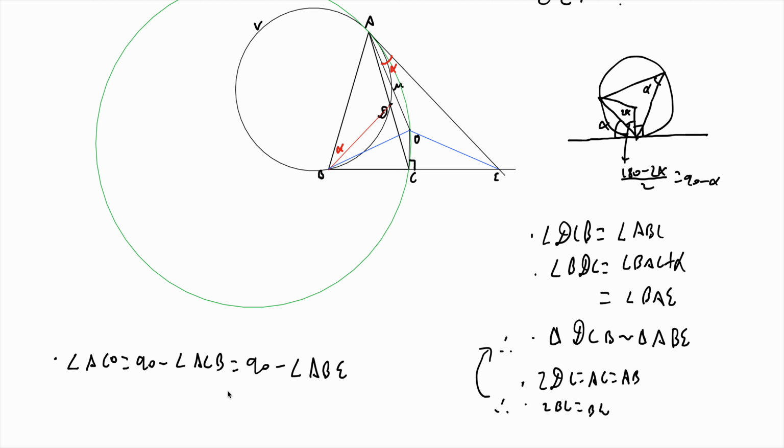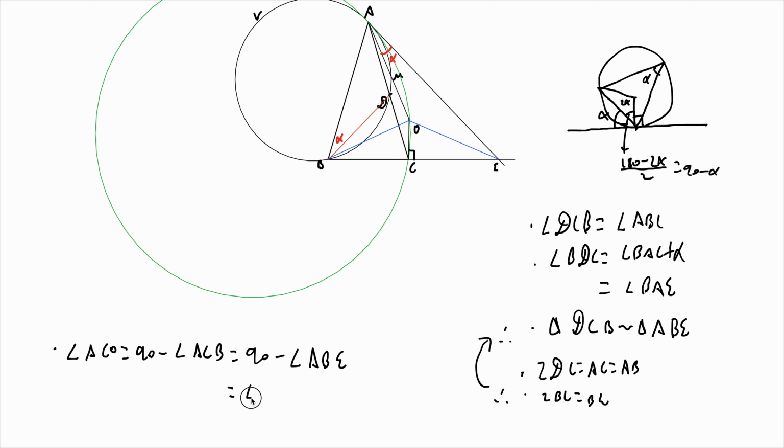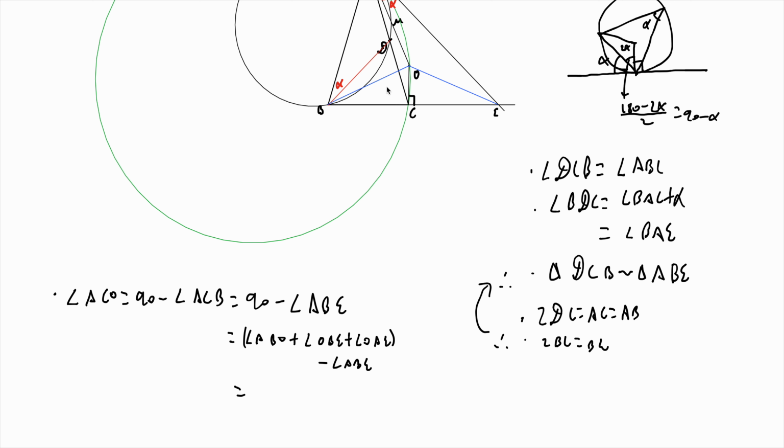And this is equal to 90 minus, or what is 90 degrees? It is angle ABO plus angle OBE plus angle OAE minus angle ABE. And what is ABO plus OBE? That's angle ABE plus angle OAE minus angle ABE.